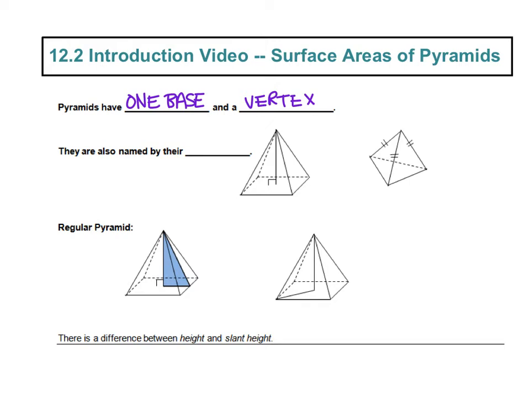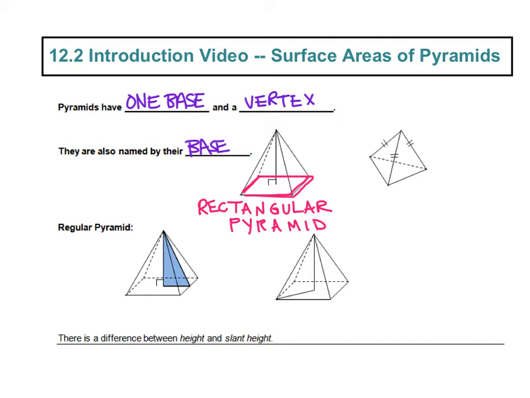All right, so similar to prisms, pyramids are also named by their base. So for example, our first pyramid here, if we focus on the base, we want to know what shape this is. So that's a rectangle, so we're going to call that a rectangular pyramid.